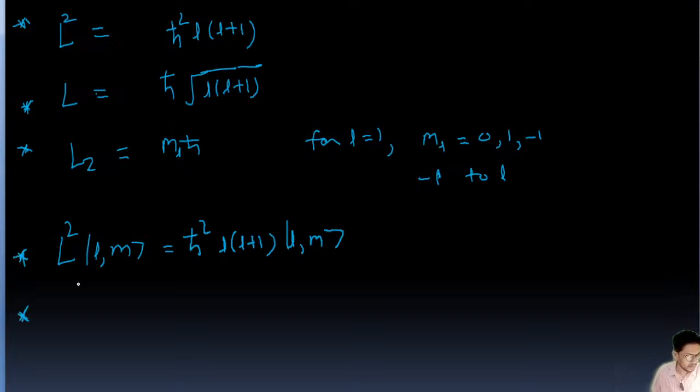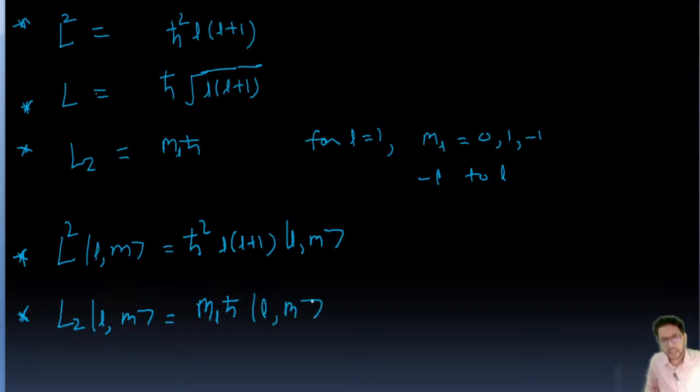Similarly, if you operate Lz on L m, this is going to be ml h cut, or m h cut, times L comma m, the eigenstate. If you operate L square and Lz on this state, the state is not going to get changed; the state will remain the same.